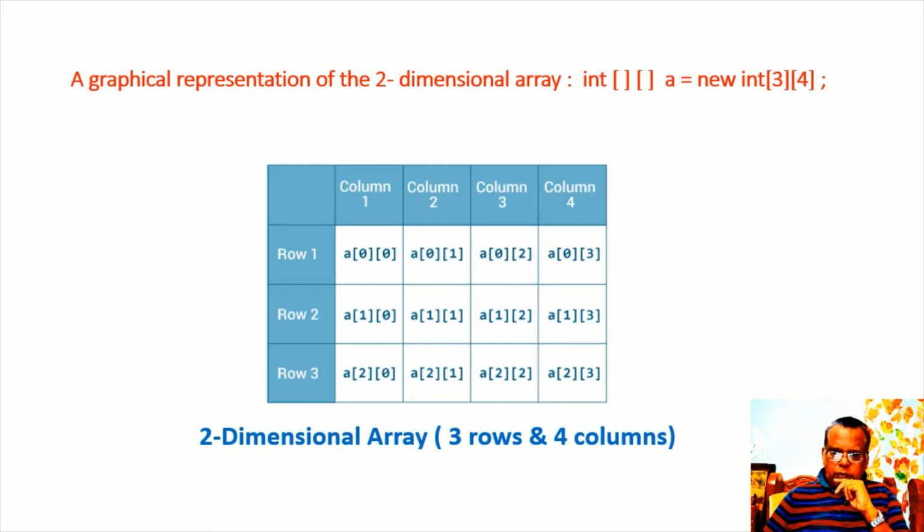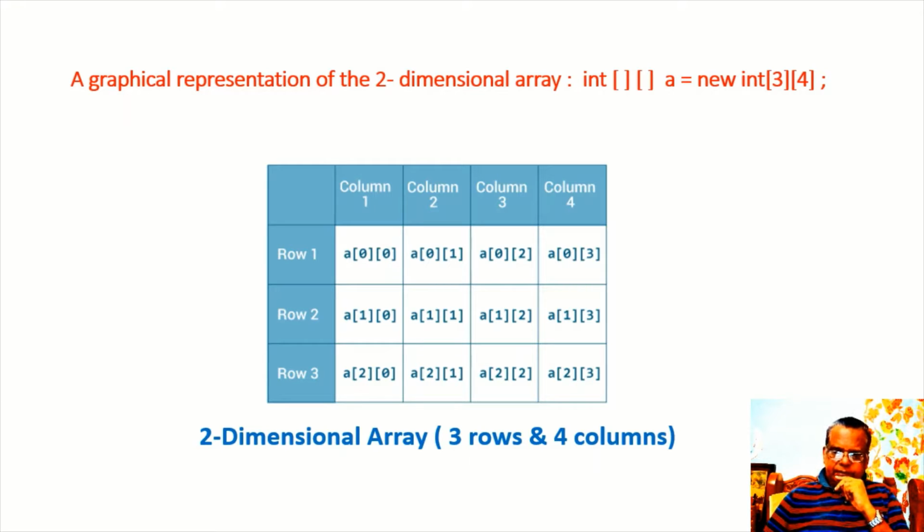Look, each cell: a of 0, 0, a of 0, 1, a of 0, 2, a of 0, 3. That is 0th row and 0th column, 0th row and 1st column, 0th row and 2nd column, 0th row and 3rd column.